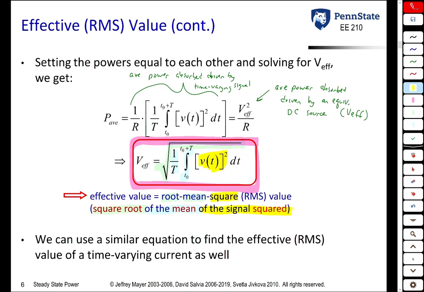This equation is how you find the DC equivalent from a power generating standpoint of a time varying signal. At this point, this probably seems a little confusing, so we're going to do an example to clarify first off how you calculate it and then how you use that number.